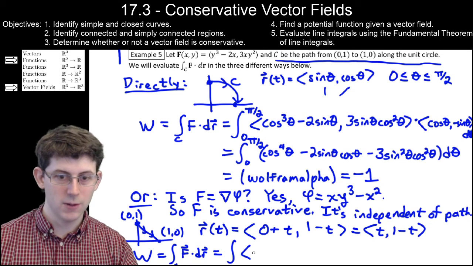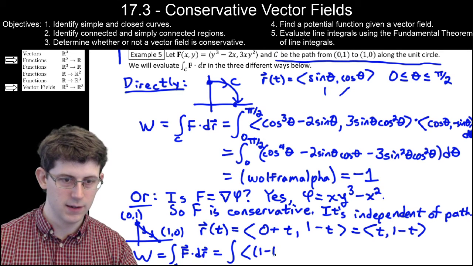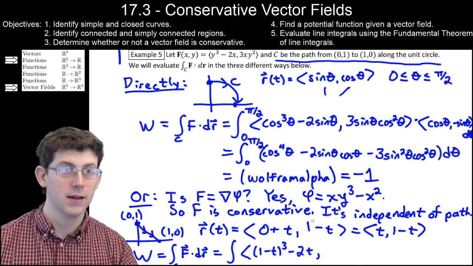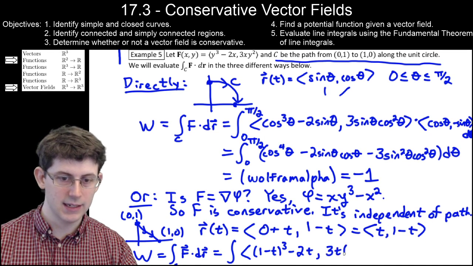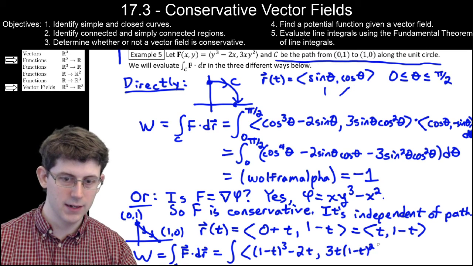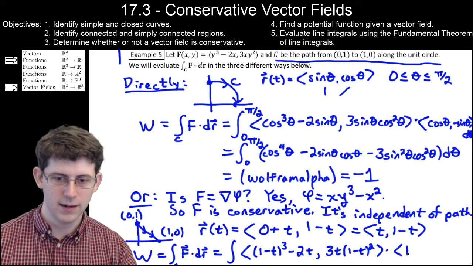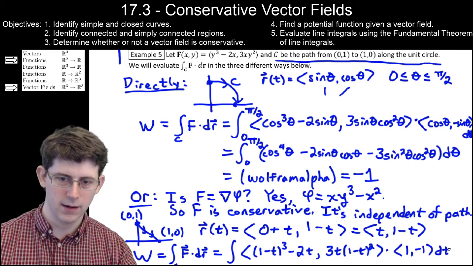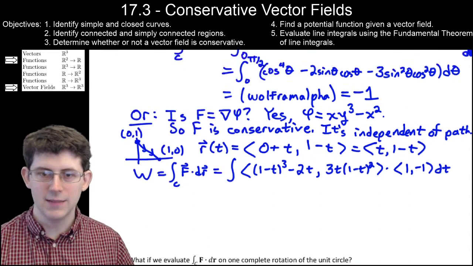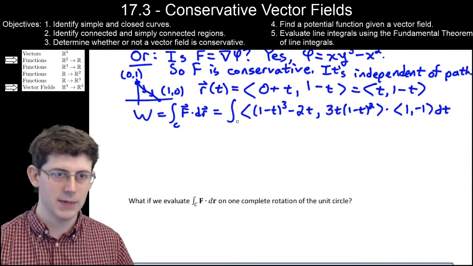So f has y cubed minus 2x, and then 3x y squared, dot dr. And my t bounds here, because I've done a line segment, are from 0 to 1.